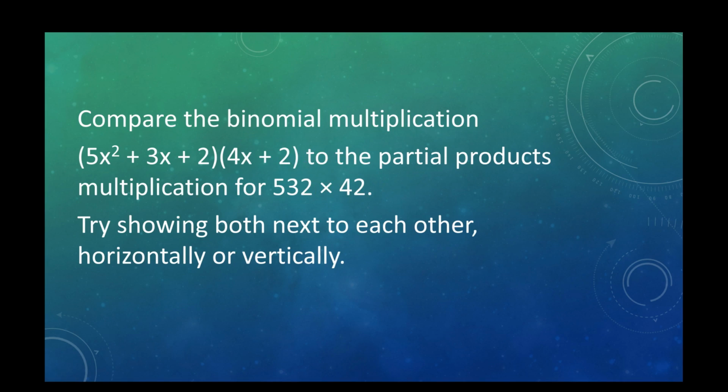Really try to do it on your own, taking the 532 and splitting it up, and the 42, and try multiplying each part times each part to make sure you can do it, both using algebra and with the numbers. When you're done, advance the video to the next slide where you'll see the answer.